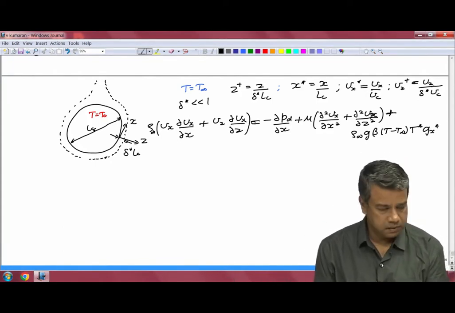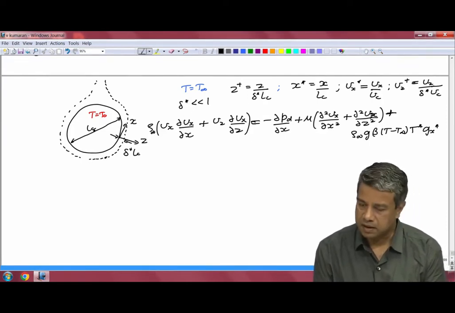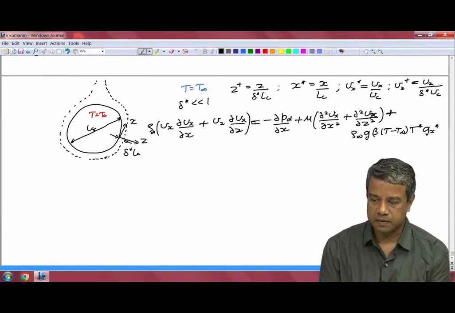So, this is the conservation equation, and I can substitute in terms of the scaled variables here.